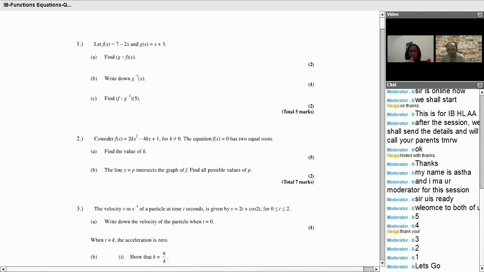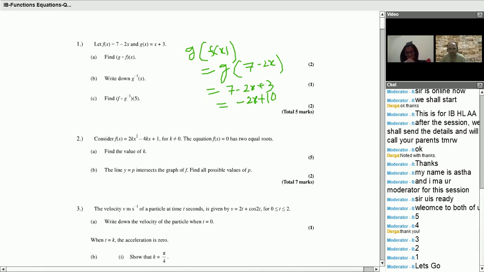So yes, now we can write g of f of x. This is g of 7 minus 2x. In place of x, we should write 7 minus 2x. So this is going to be minus 2x plus 10. Isn't it? Yeah.